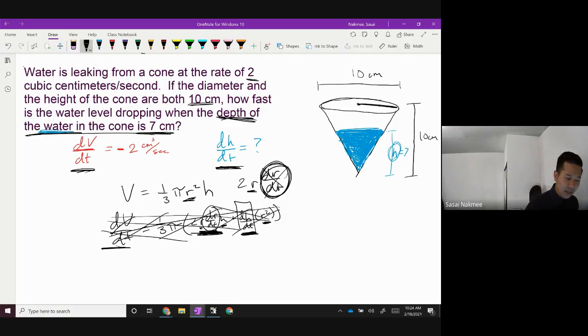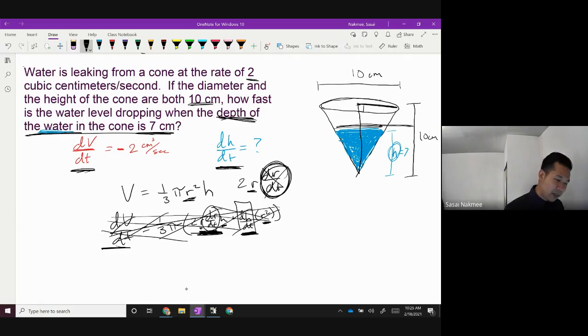Since this right here forms a right triangle, it forms these similar triangles as I go down this height. So if I decrease the height by this much, the radius and the diameter also decrease as I travel along there. So it forms this kind of ratio that they equal each other. So check this out.